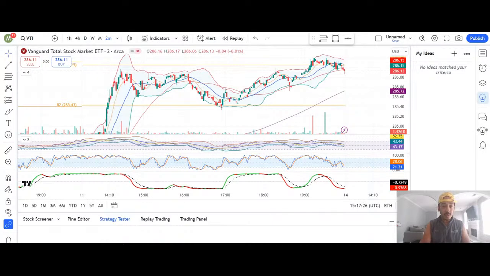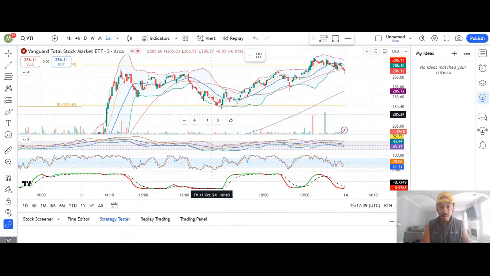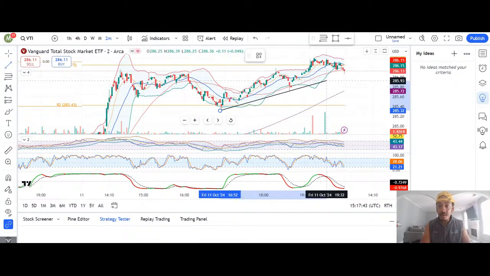So trend lines, and you can do this on any time frame. Let me make sure y'all can see this. My laptop is about to die, so this is the last thing I'm going to show y'all. But with trend lines, you could literally go from one point, and this is another form of support and resistance.